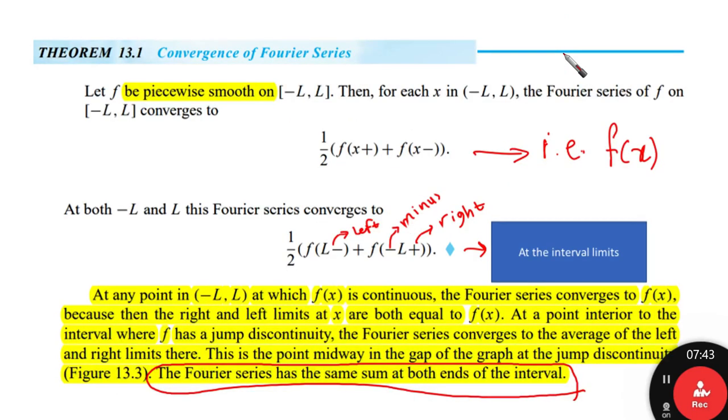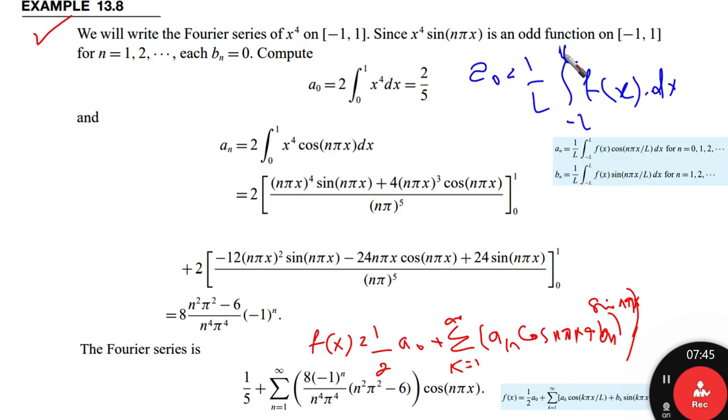Now let's go to another example and finish this part which is related to odd and even functions. In this example we will write the Fourier series of x raised to the power 4 on the interval -1 to 1.